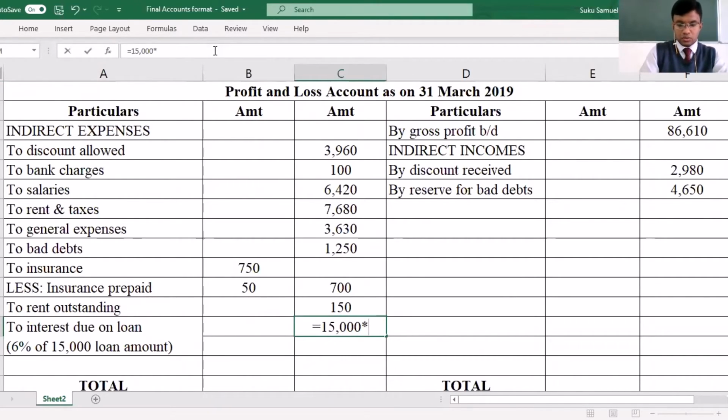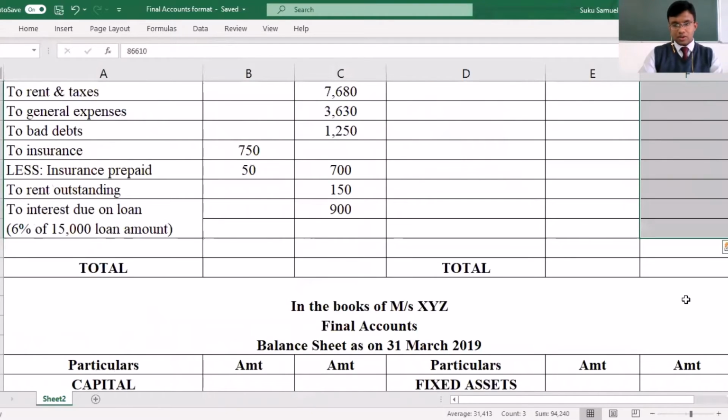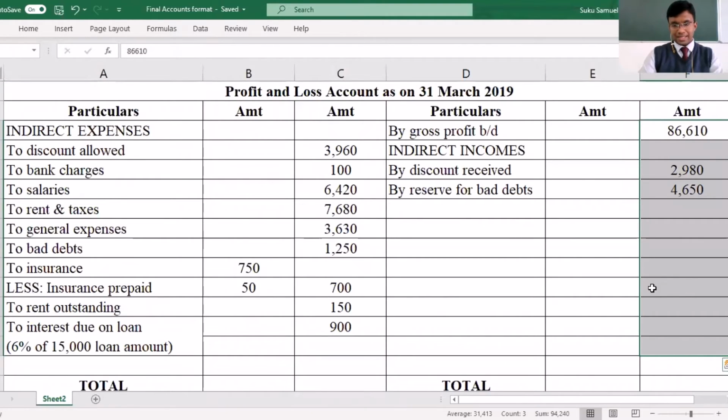So 6% of this one, when you consider, it works out to be 900. So 900 is your interest due on loan. So that has also been completed. Now let us go about balancing this.